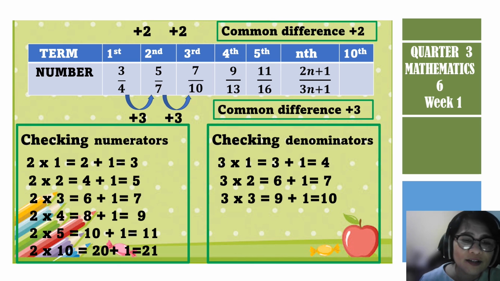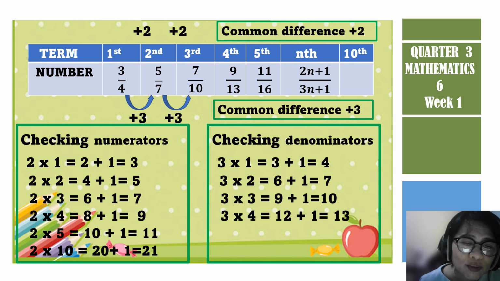So, on the second term, 3 times 2 is equals to 6 plus 1 equals 7. Correct na naman tayo. And then we have 3 times 3 equals 9 plus 1 equals 10. Tama tayo, 10 din to sa third term. Then we go to the next. We have fourth term natin. We have 3 times 4 equals 12 plus 1 equals 13.